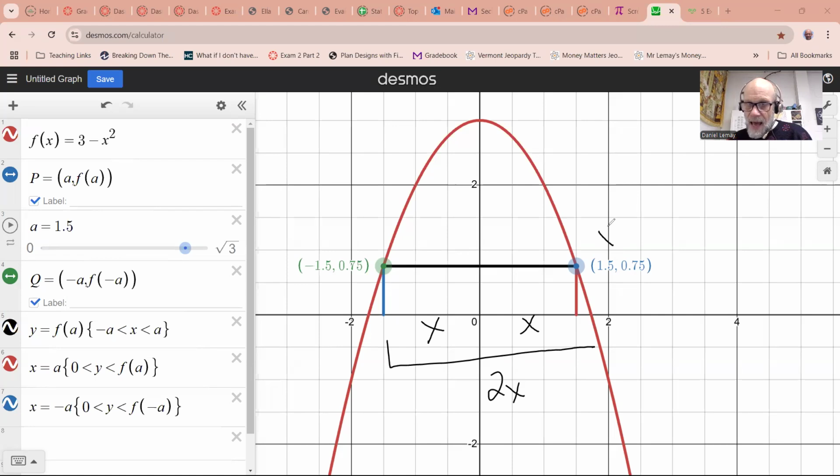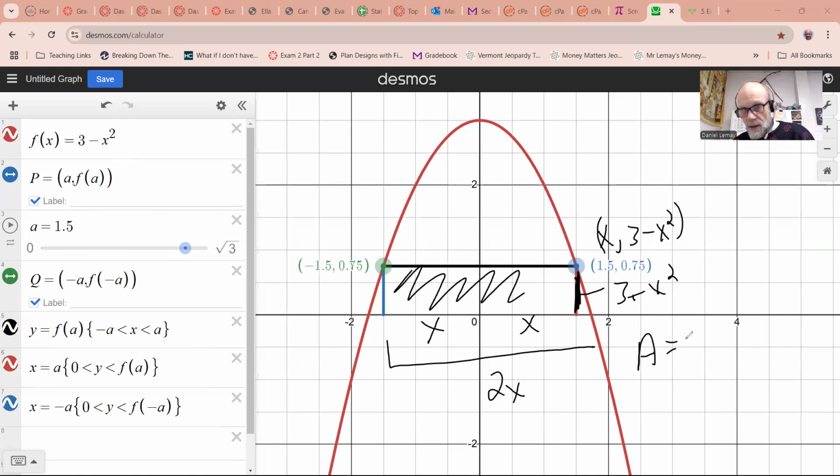The y value is determined by the equation 3 minus x squared, so the height of this rectangle, regardless of where it is, is 3 minus x squared. The area of the rectangle is the width, 2x, times 3 minus x squared. So A equals 6x minus 2x cubed.